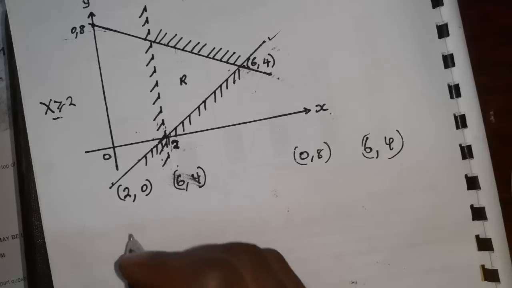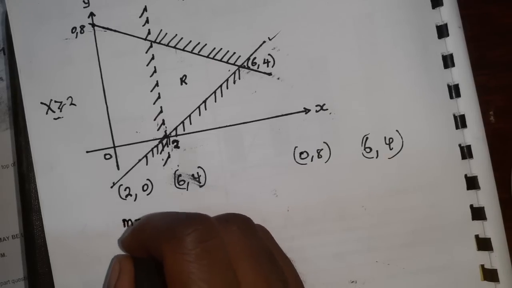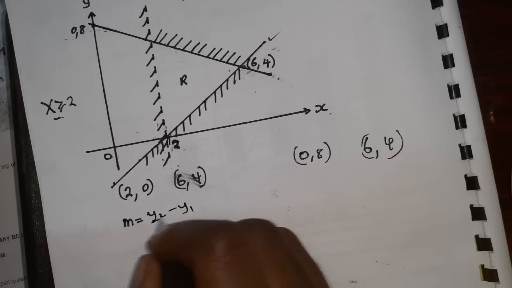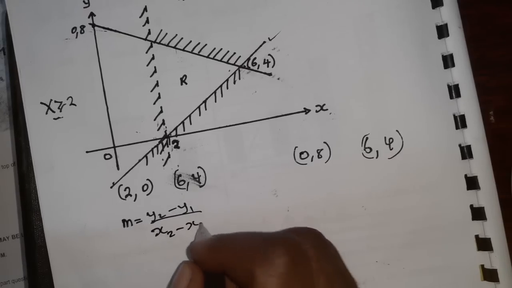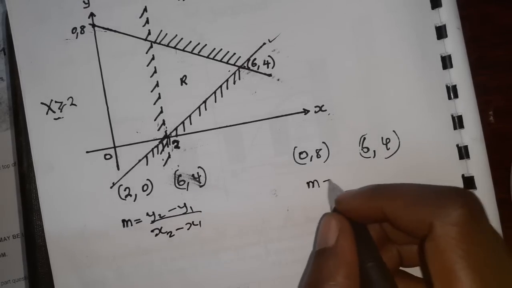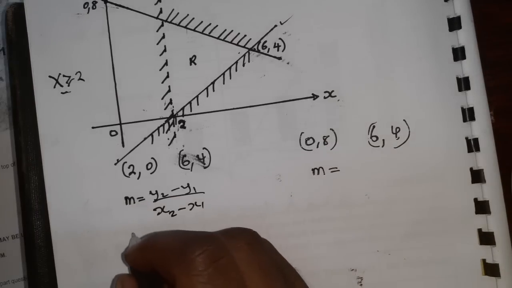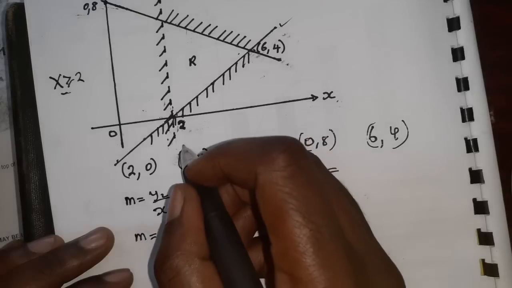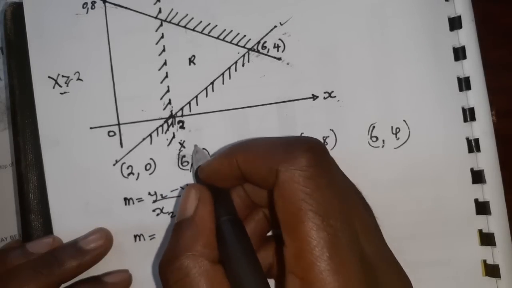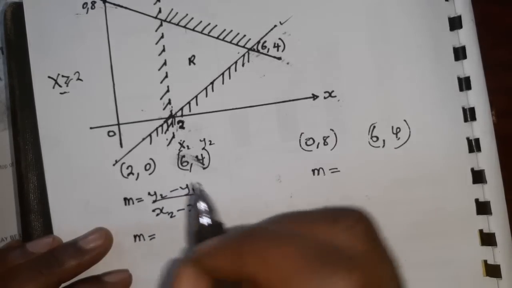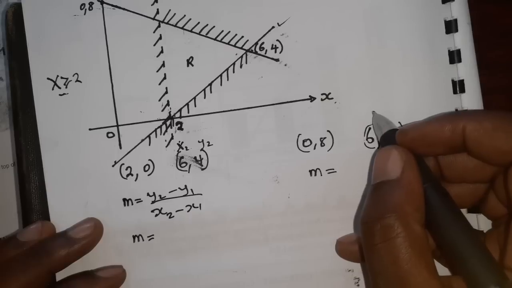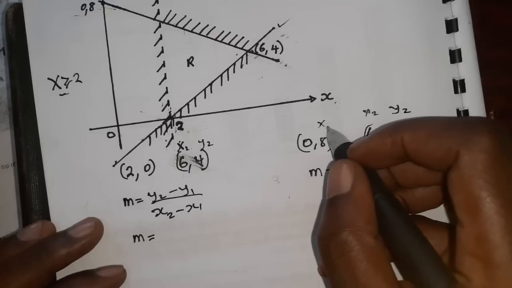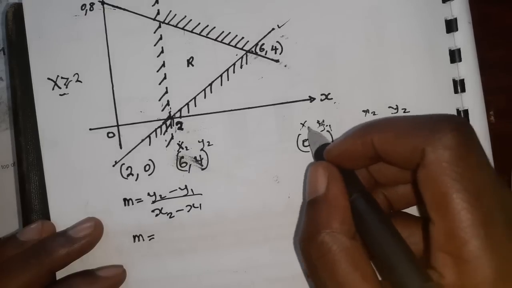I'm doing them simultaneously. For this one, you first write the gradient, which is y2 minus y1 over x2 minus x1. Even here we'll do the same thing. This is our x2, this is our y2. This is our y1, this is our x1.